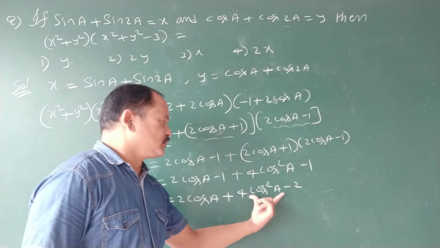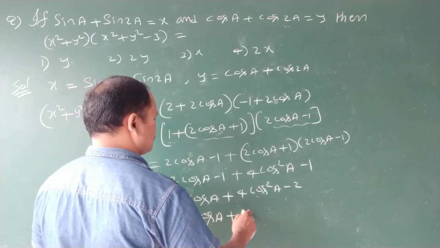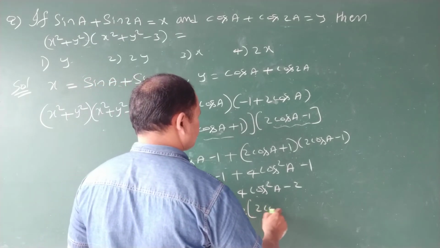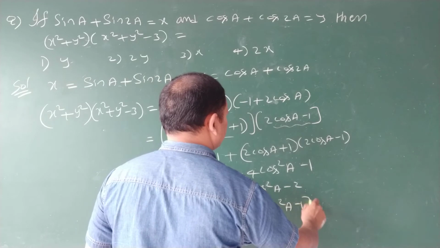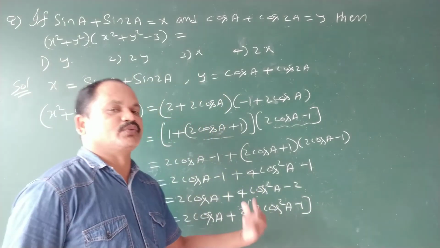Now take common 2 from these two. Then it is 2 cos a plus 2 times 2 cos square a minus 1. So we know that 2 cos square a minus 1 is nothing but cos 2a.